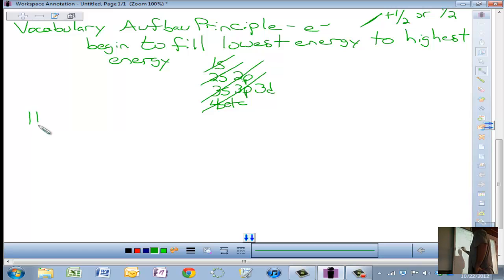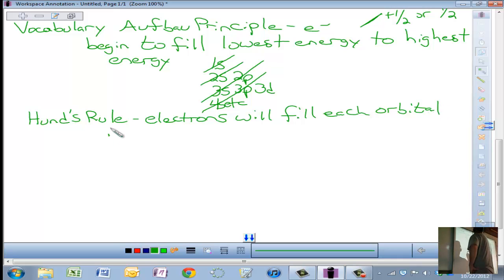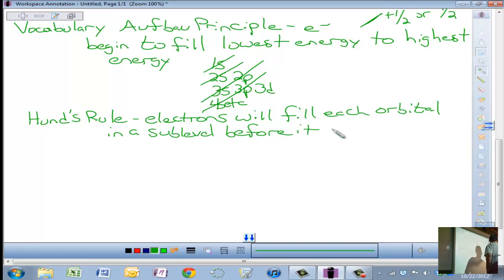The next one is going to be Hund's Rule. Hund's Rule is this. Electrons will fill each orbital in a sublevel before it begins to pair up.